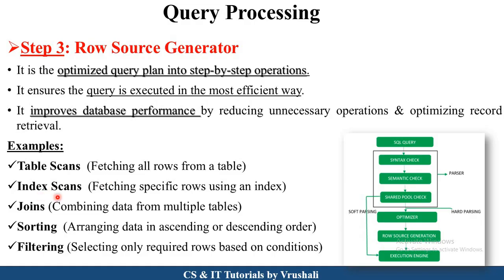Suppose an index is present, then it searches for a specific row using the index. Suppose join, sorting, and filtering techniques are present in your query. It combines the data of multiple tables for the join operation. For sorting, it uses ascending and descending order, and for filtering, it uses specific conditions like where, group by, and having clauses, right? So the row source generator executes this plan and sends the result to the execution engine.